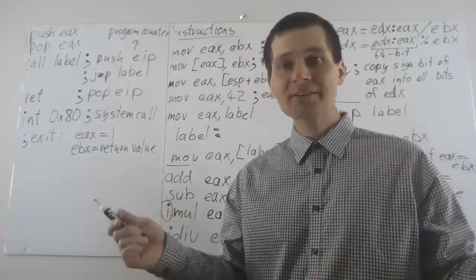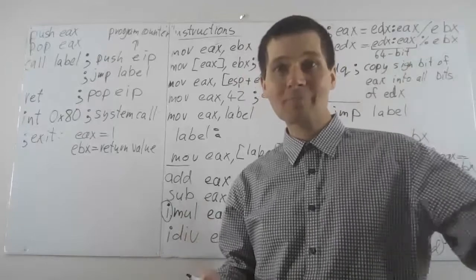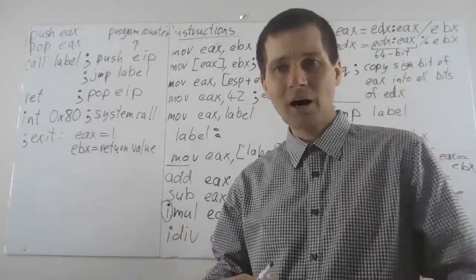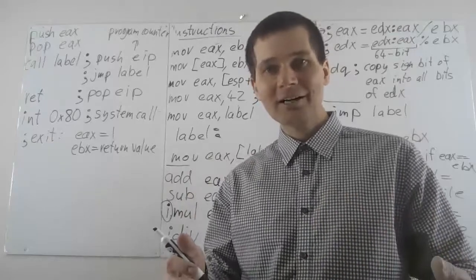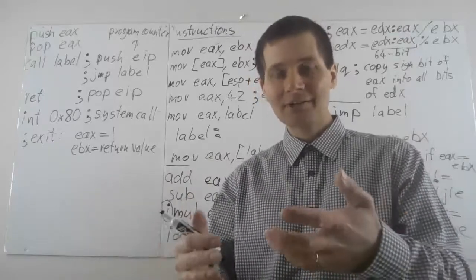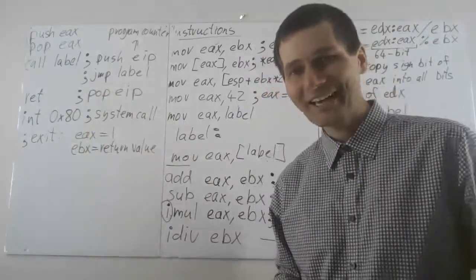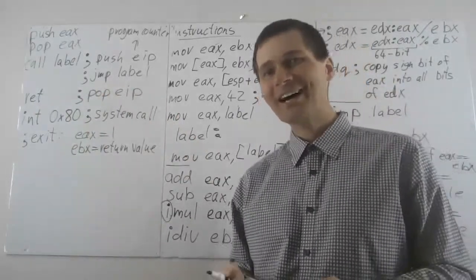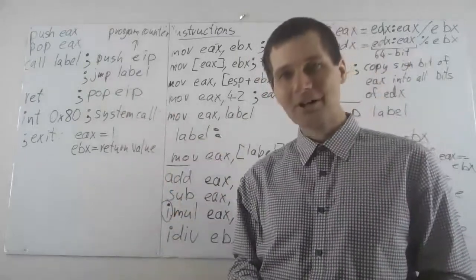So libc is the standard library that implements the basic functions of the C language, and things like printf and whatever you do in C programs, right? And it implements, say, printf in terms of system calls.